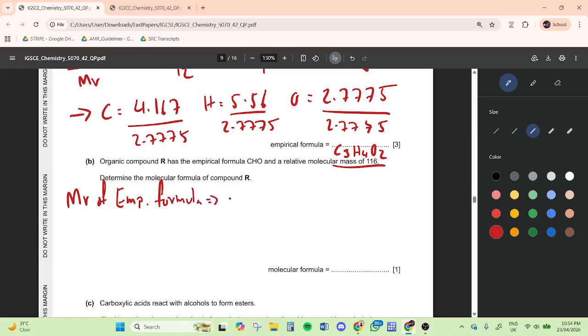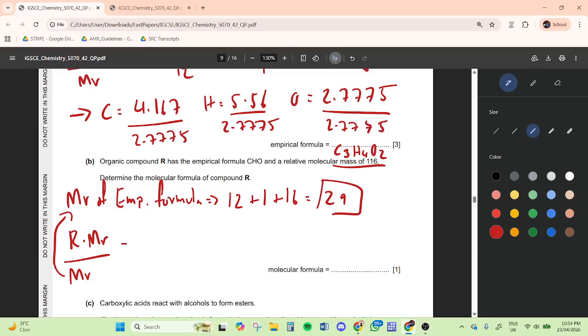So this will be 12 plus 1 plus 16, which is 29. So now you take this mass and you divide the relative molecular mass. So Mr of R divided by Mr of this, that gives you 116 divided by 29.